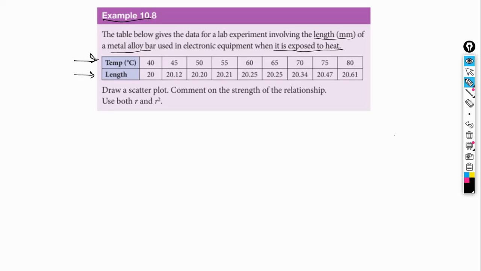Here, the explanatory variable, or independent variable, is obviously the temperature, because that is what is being manipulated in the experiment. Therefore, the length will be the response variable, or the dependent variable. So we will put temperature on the x-axis and length on the y-axis. It says, draw a scatter plot, comment on the strength of the relationship, and then use both r and r squared. So we're going to go to the GDC to do this.